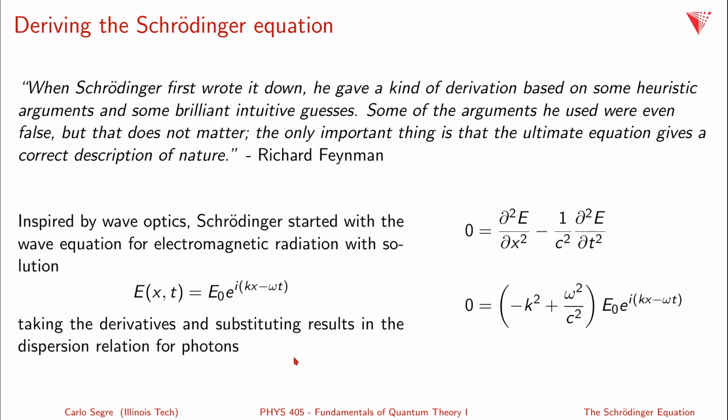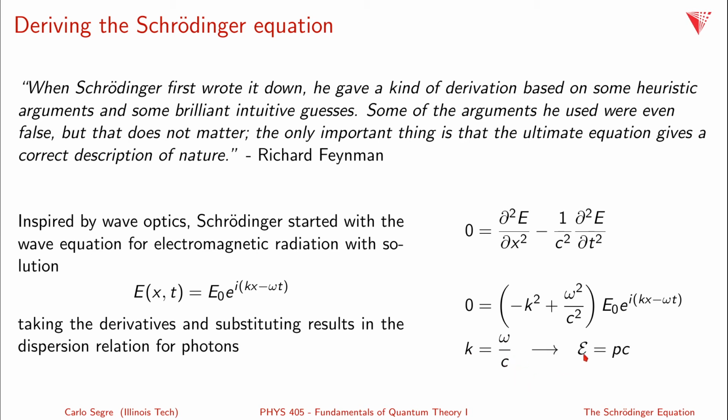The result of this means that if this has to be 0, then this quantity must be 0, and that's called the dispersion relation for photons. The dispersion relation for photons, we'll talk about this later on as well, says that the momentum or the wave number is equal to omega divided by the speed of light.